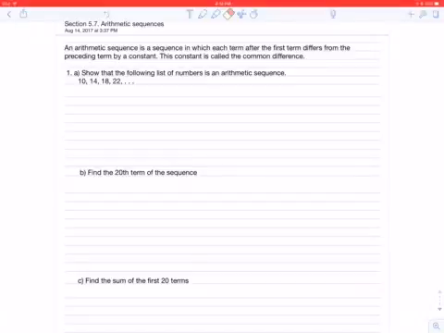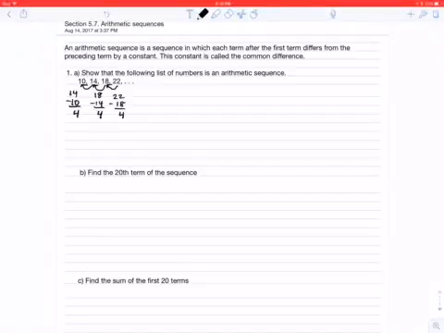So if I start with the 22, the difference between 22 and its preceding term is 4. The difference between 18 and its preceding term is also 4. The difference between 14 and its preceding term is also 4.